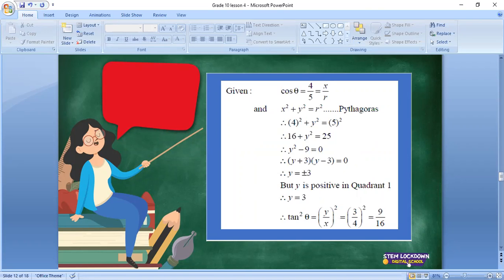Now, which one will you choose, plus or minus? Remember, whenever you are finding x equal to any number, your plus and minus signs are your solutions. Please understand that in Pythagoras theorem, your hypotenuse squared is equal to your two sides squared.